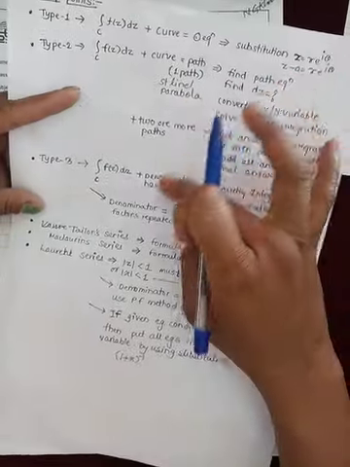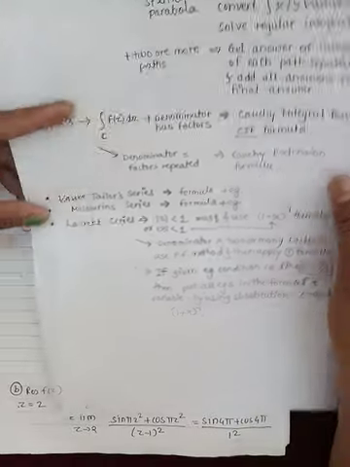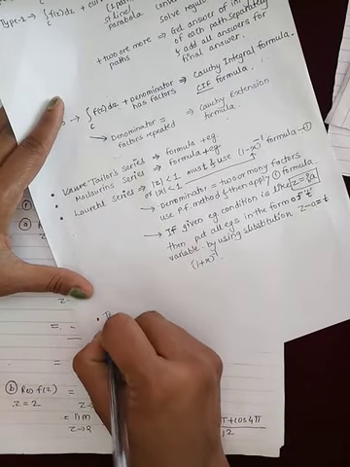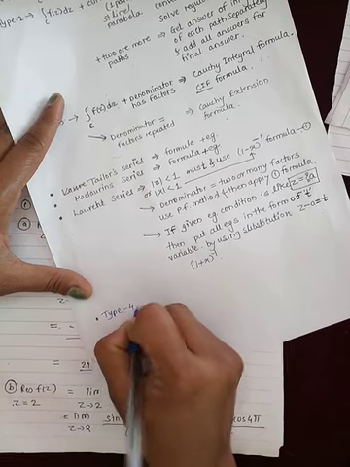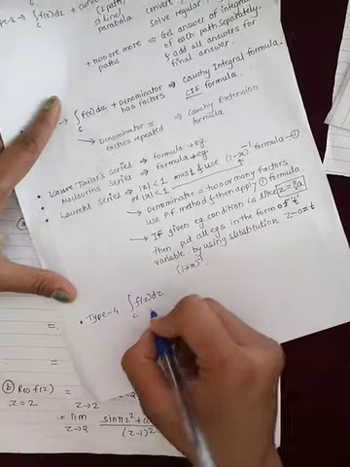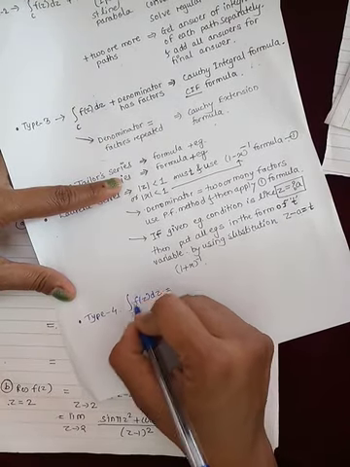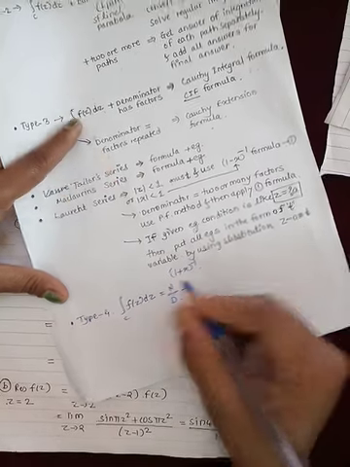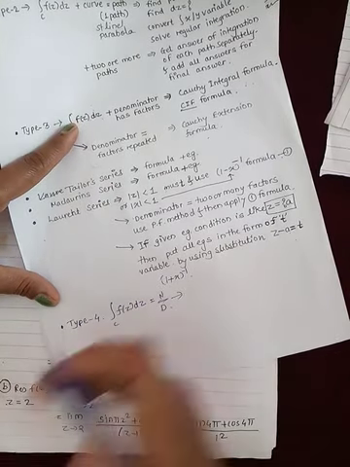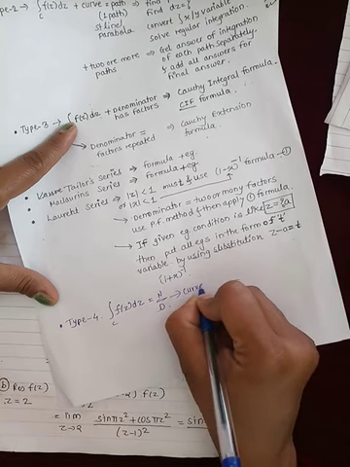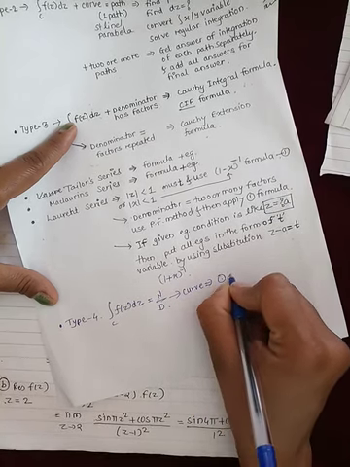Now there is the fourth type. Integration of f(z) dz over the curve C, where generally the function is given in the form of numerator upon denominator, and the curve is given as a circle equation.